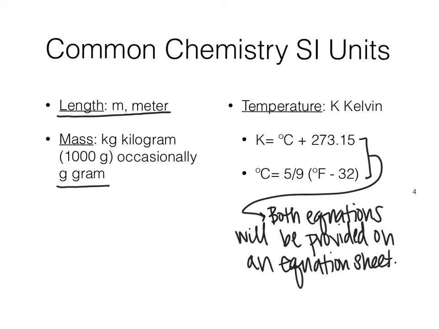However, it would be beneficial for you to learn how to use those. Most of the time, we will be using this equation to convert Kelvin into Celsius or Celsius into Kelvin. In this case, we know that the degrees Celsius plus 273 gives us the Kelvin.